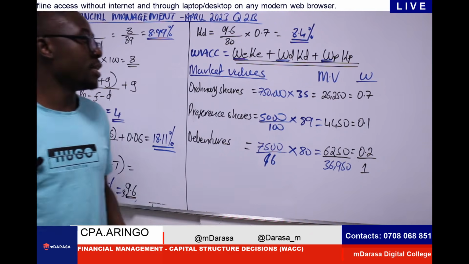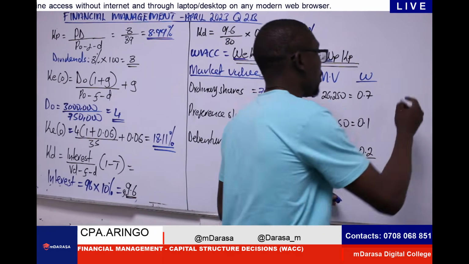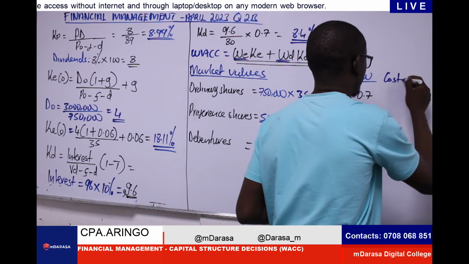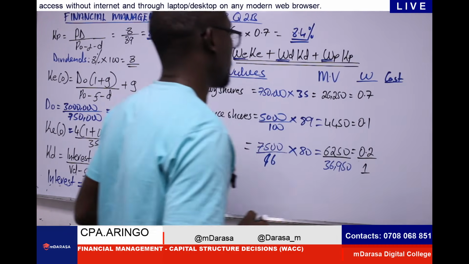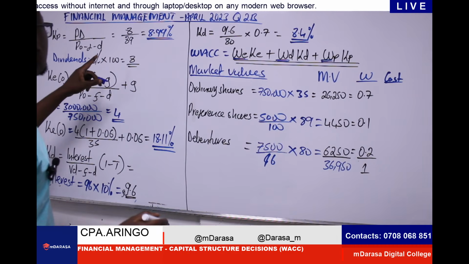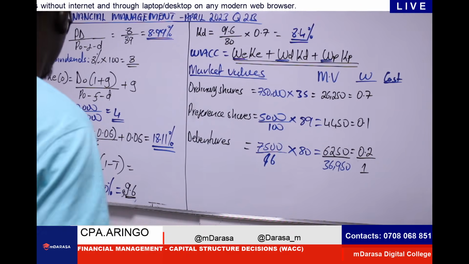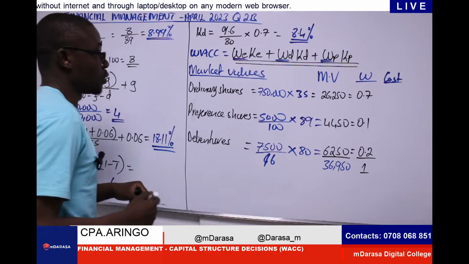So this will be easy because we have our costs. The component cost for Ke, or cost of equity, that is ordinary shares, we had a value of 18.11.